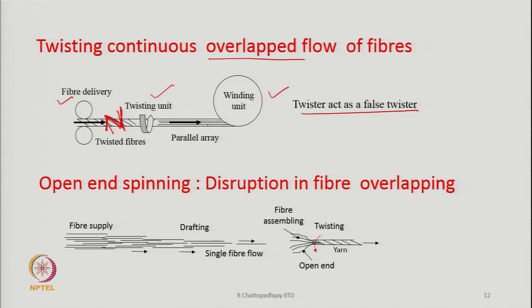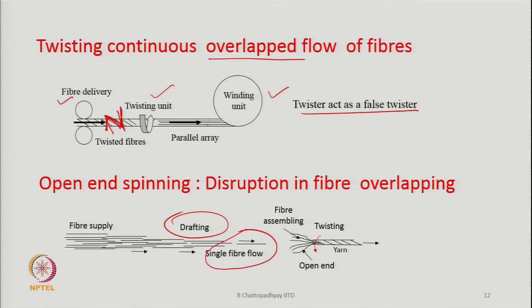So, what is the way out? That is what had exactly been done in open end spinning. That is, the fibers are supplied maybe by a pair of rollers. We have to give a very high draft, and the draft is so high that the number of fibers in the cross section will keep on reducing, and it will reach a stage theoretically which will be almost single fiber flow.